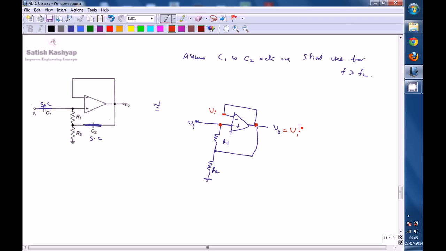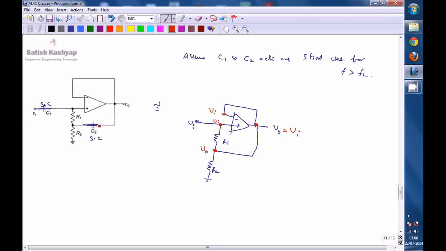okay, for the frequencies above FL. But what happens to the input impedance, whether the input impedance is very high or not, that you have to check. So this node is Vi, and the other end of this R1 is going to be connected towards the output, so this is nothing but V0.